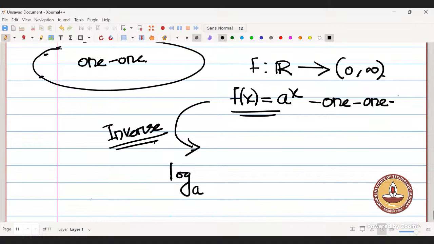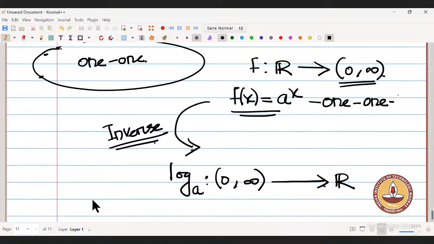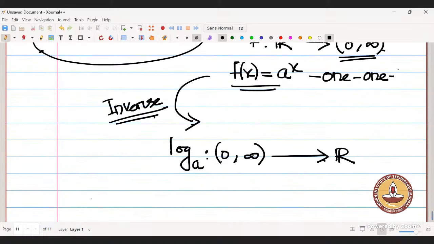What will be the domain of this function? 0 to infinity, because the range of the exponential function is 0 to infinity. And what will be the range of this function? The whole real line.